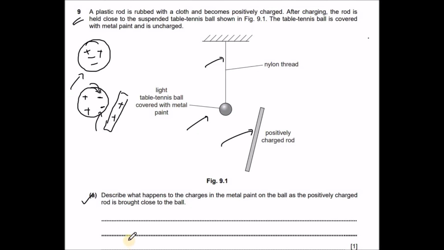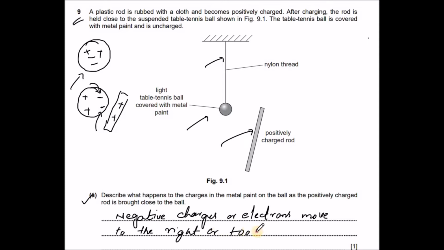So you can write: when a positively charged rod is brought close to the ball, negative charges or electrons move to the right, or towards the positively charged rod.